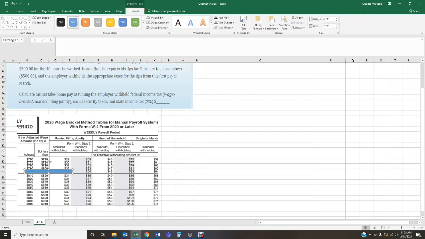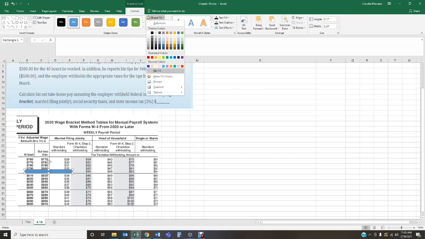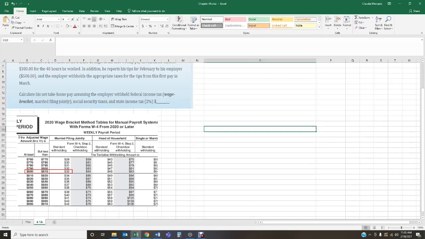Okay, and the amount of federal income tax that we're going to be withholding is $33. And remember, the reason I'm not picking up the first one is because that $800 figure is towards the very end. It says at least 790, but less than 800.